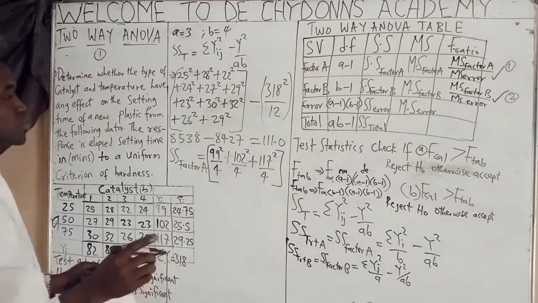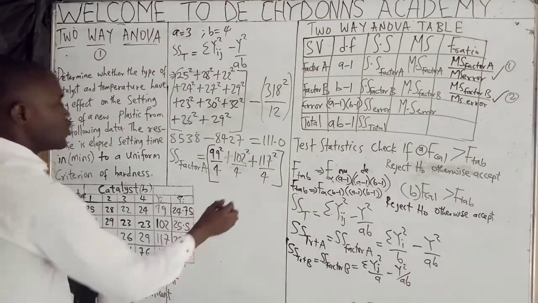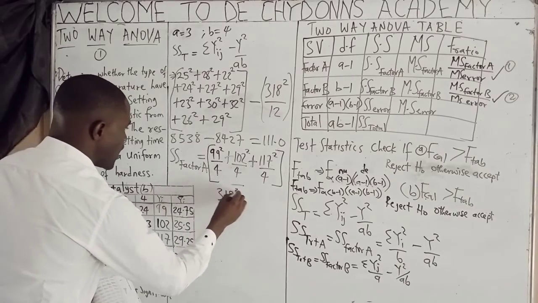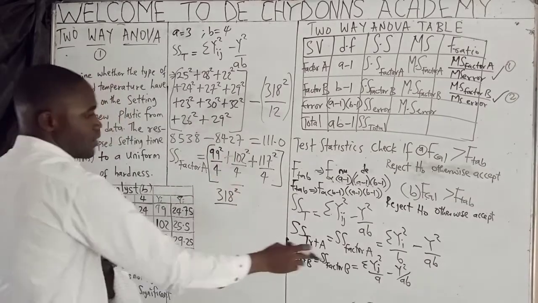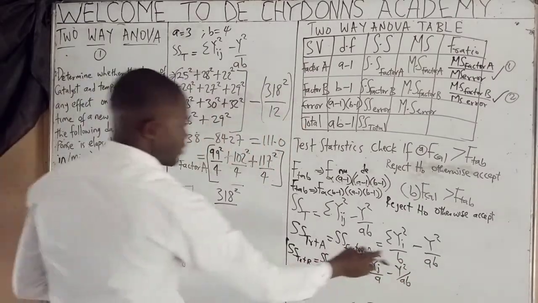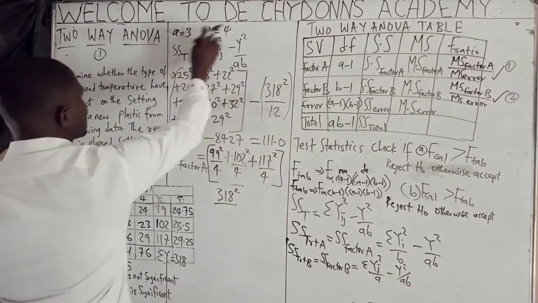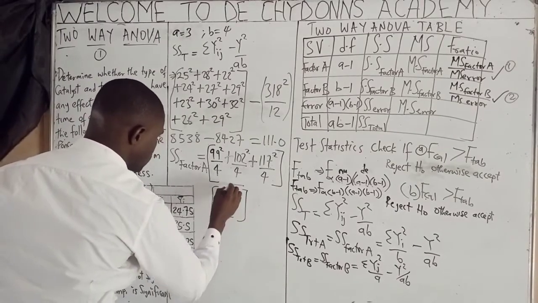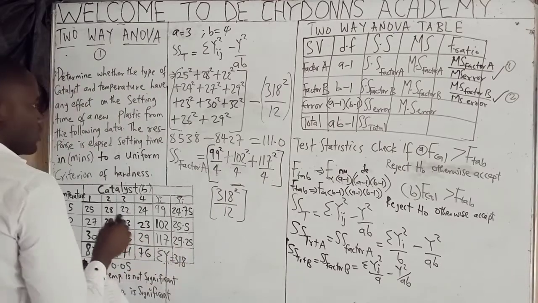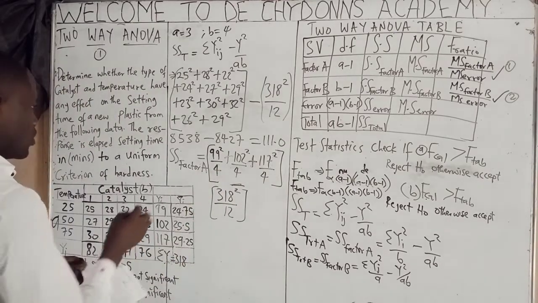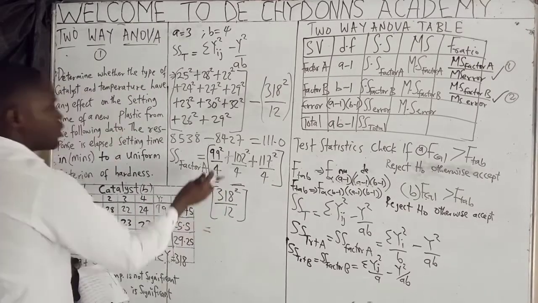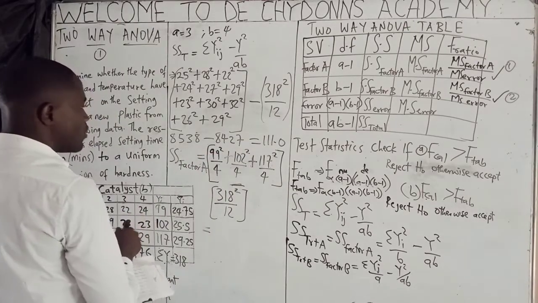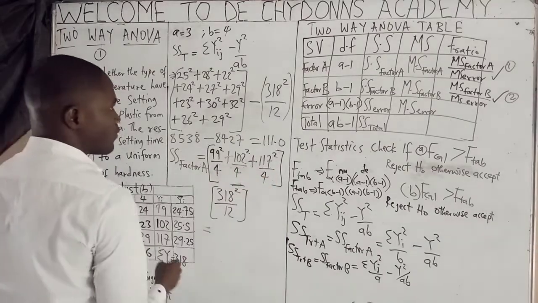Having gotten this, you say minus 318 squared all over, formula says AB. AB means 3 times 4, 12. So after you have gotten this, what you now do is 99 squared over 4 plus 102 squared over 4 plus 117 squared over 4.